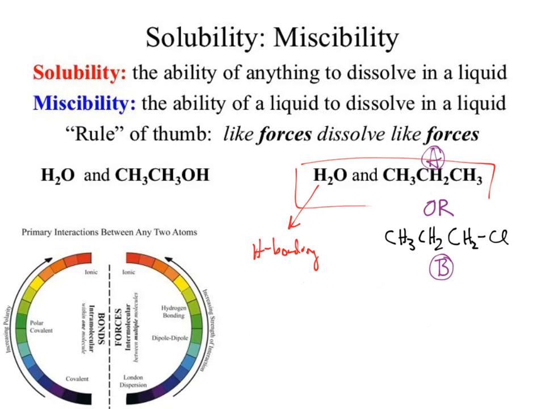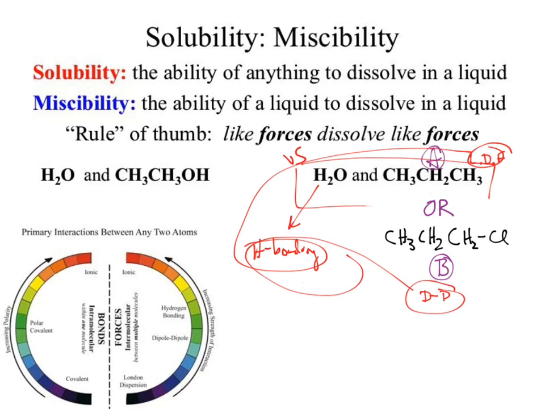So why is B more soluble than A? B has the carbon to chlorine bond, which is a polar covalent bond. The polar covalent bond generates a dipole-dipole force. So what I'm comparing in A is London dispersion forces to hydrogen bonding, versus dipole-dipole forces to hydrogen bonding.